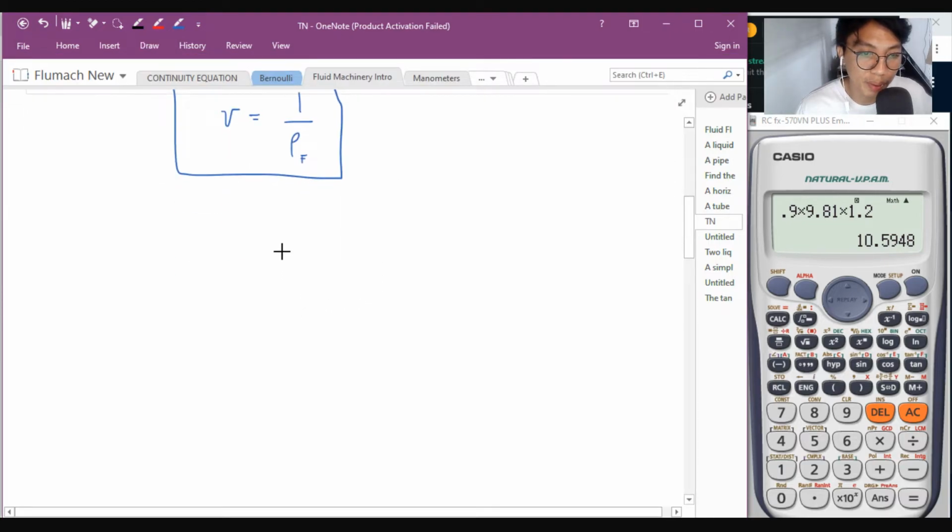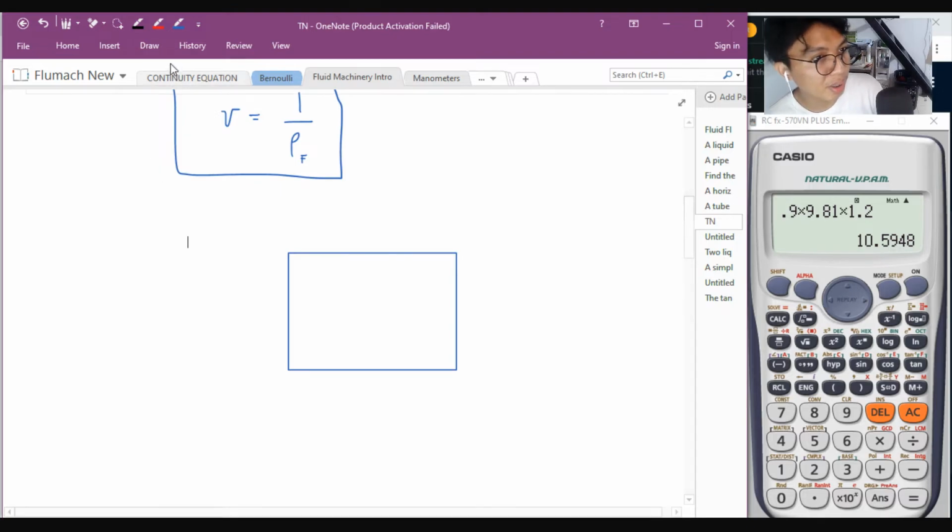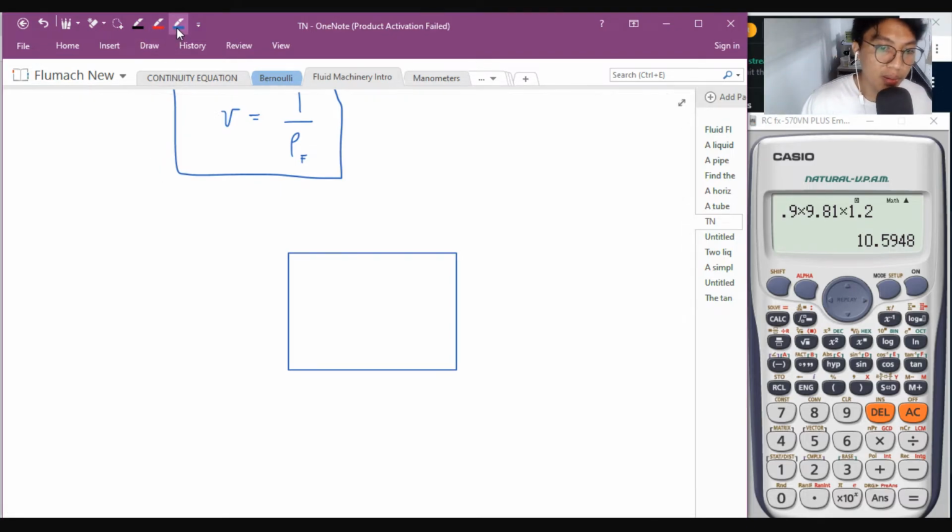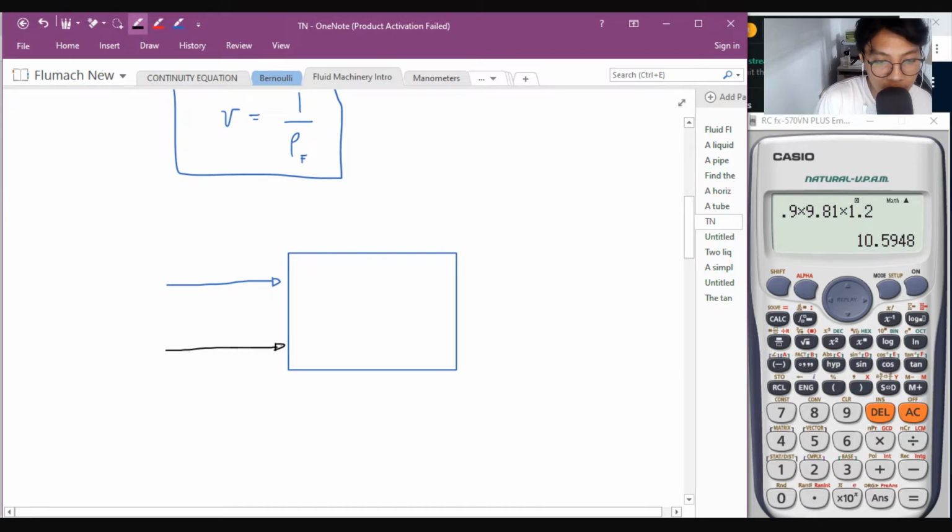So, you have here a mixing chamber. This is your mixing chamber. Okay? Now, you have there a pipe 1, and then you have there a pipe 2. Dito sila magmi-mix up. Ito yung flow nung isa. Ito naman yung flow nung isa.